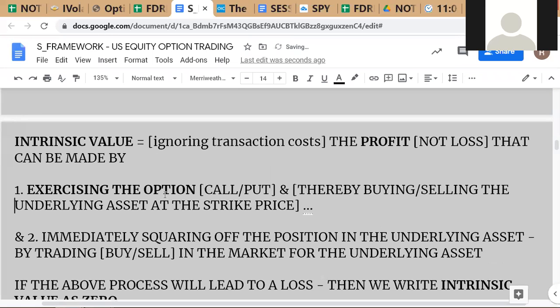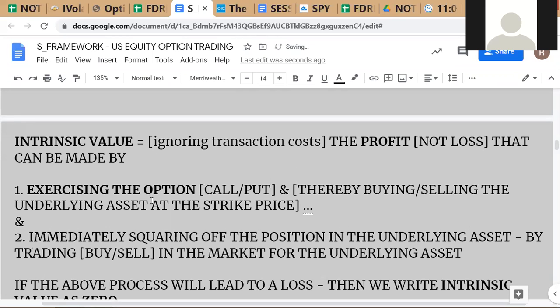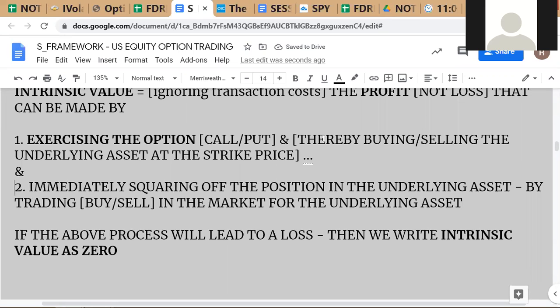Two-step thinking. All right, so two things: exercising the option, and immediately squaring off the position in the underlying asset.